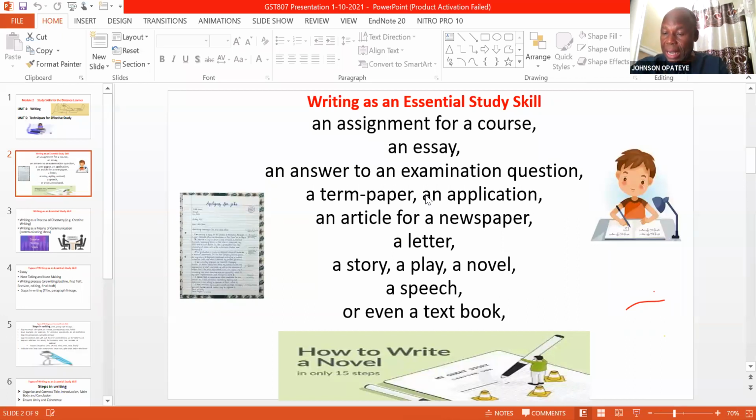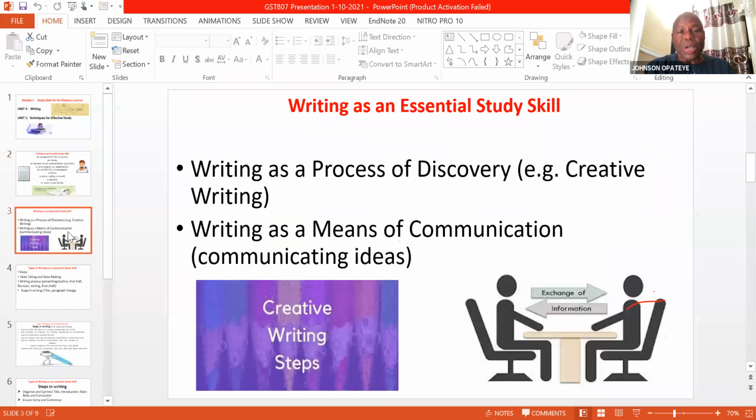Faith said that when you want to write, you write to communicate, so that even your written word will present something unique and change life, change character, and also pave way for your greater future. Also, we have what we call writing as a process of discovery. You write so as to discover.